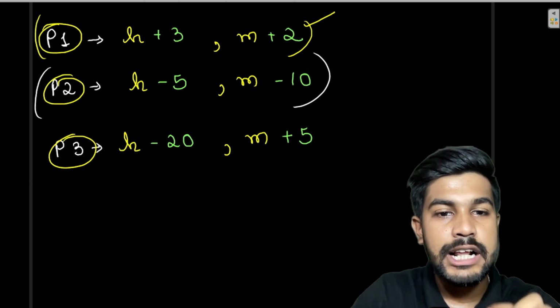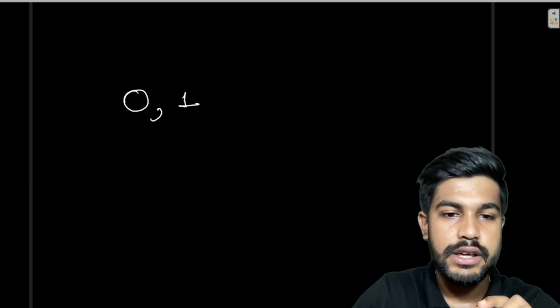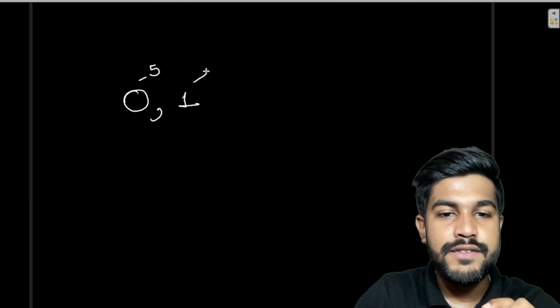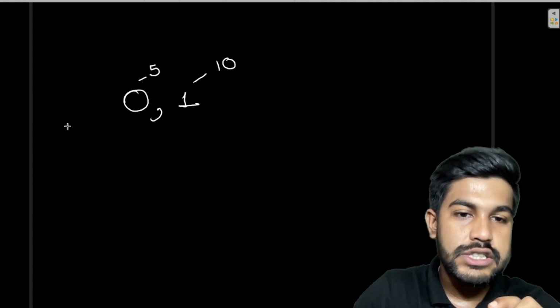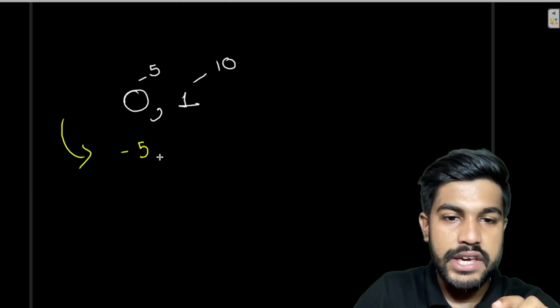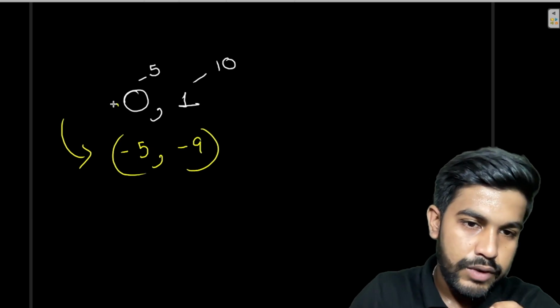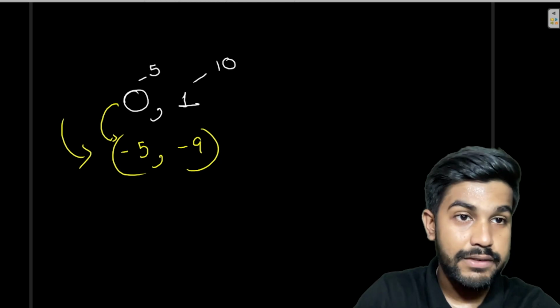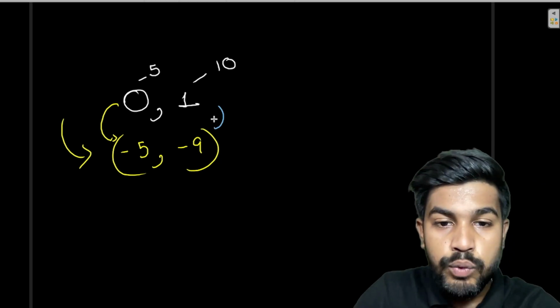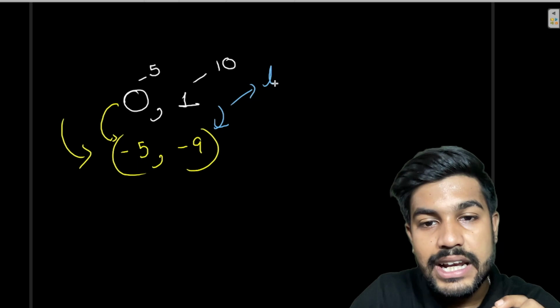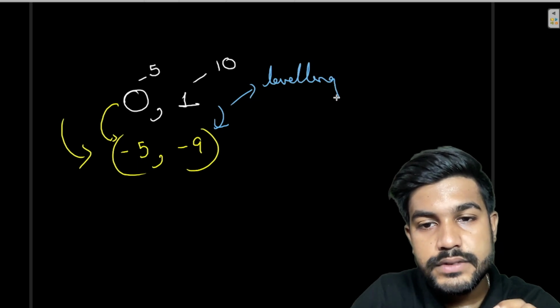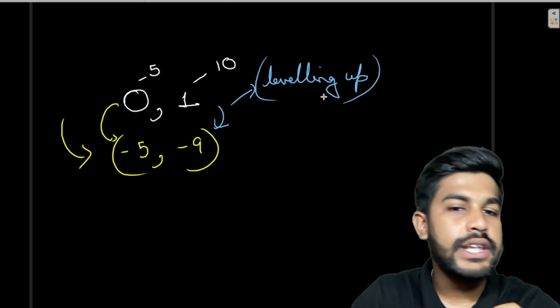Health would decrease by 5 and money by 10. So this would be minus 5 and this would be minus 9. From here to here we went to negative, so this won't count as leveling up.